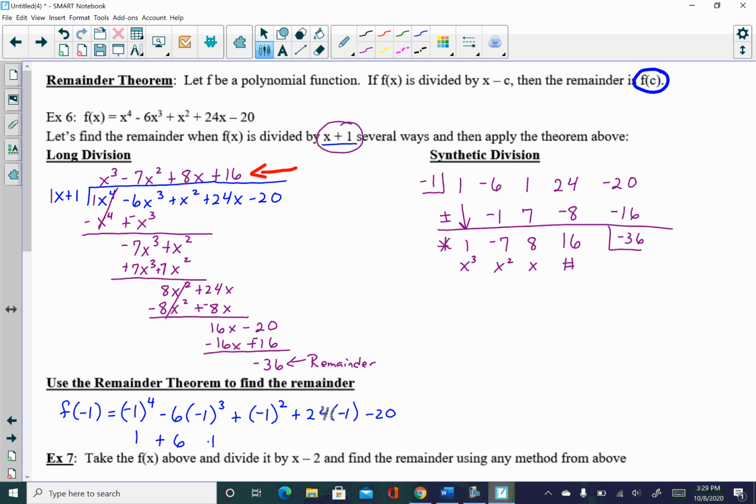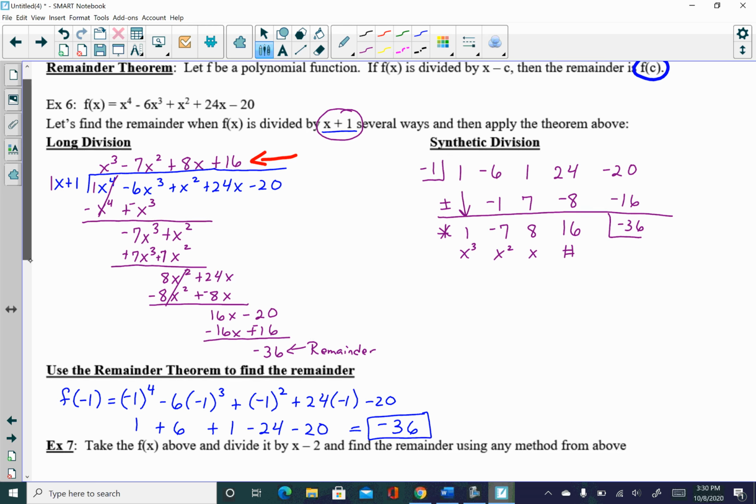Negative squared, so that'll be a +1, minus 24, minus 20. And sure enough, if you add all of that together, you're going to land also at -36. Agreeably, that's a quicker way to get to the remainder, but I think now you have a better understanding of what the remainder is and that sort of thing, okay?